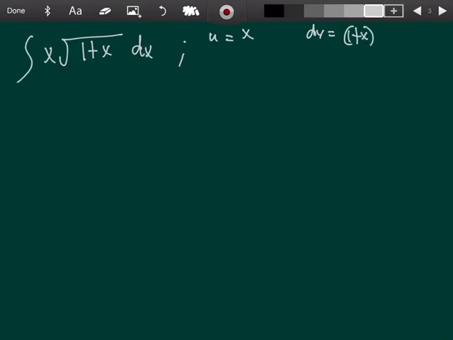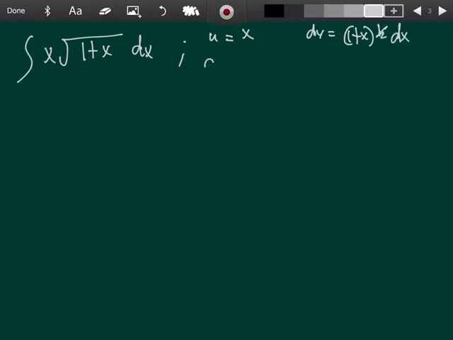Okay, let's have another example. The integral of x times square root of 1 plus x dx. Okay, so let's use x as our u, and dv is equal to the square root of 1 plus x. Let's write it as (1 plus x) raised to 1/2 dx.